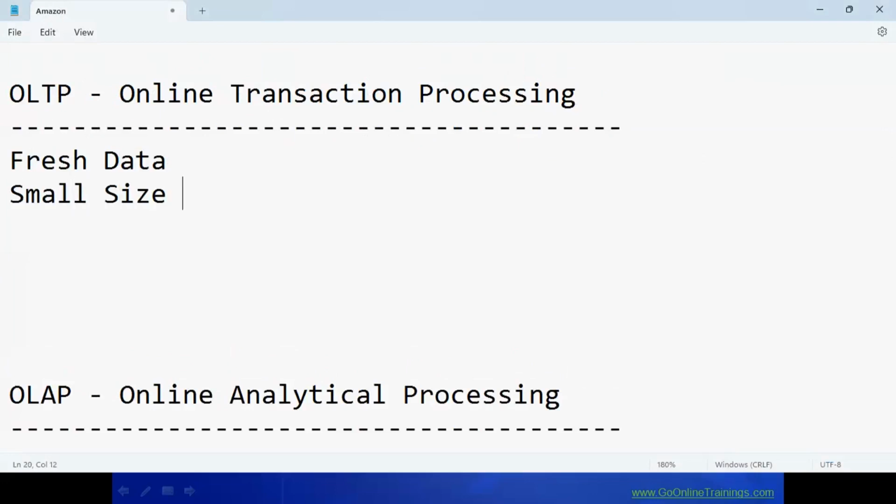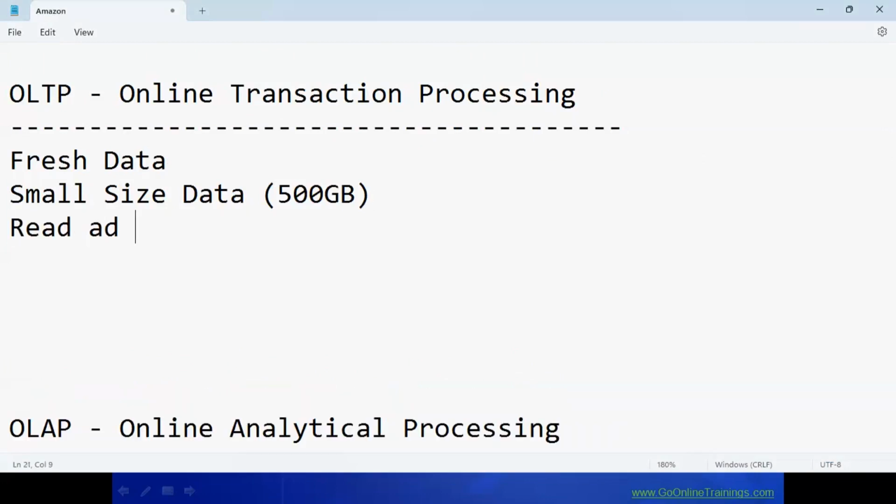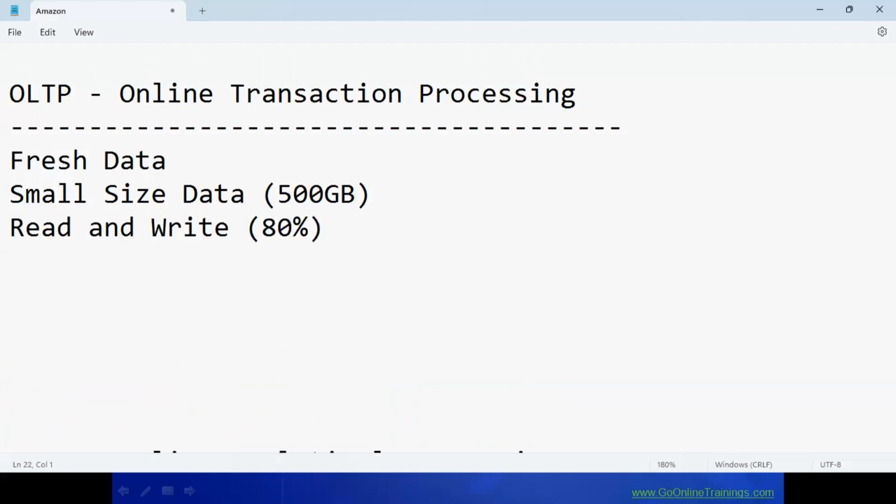What is the size of the bucket? 30-40 liters. Let me say it will be able to have 500 GB of data, and it is read and write data. So most of the time you're going to be using the buckets to store the data. 80% of the time these machines are busy writing the data, so you need to understand.